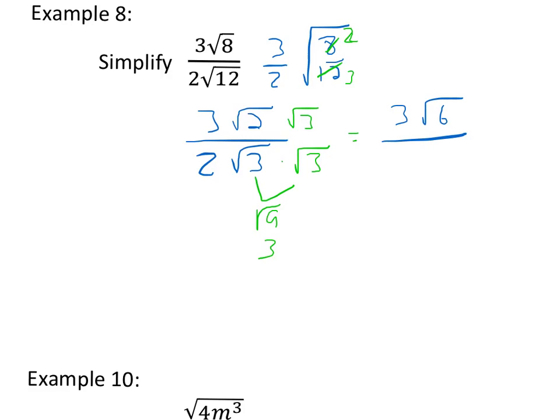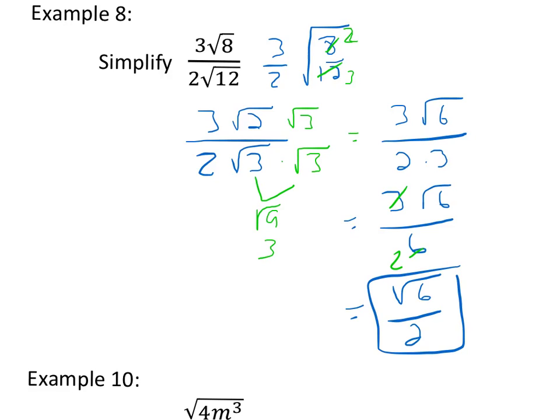On the bottom we're going to have 2 times 3, which equals 3 root 6 over 6, which reduces to root 6 over 2.